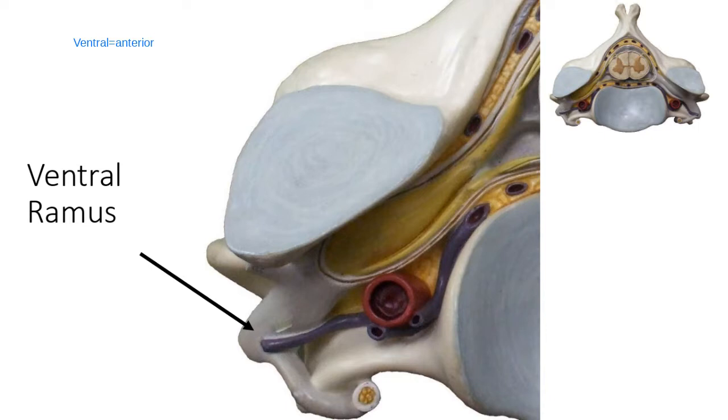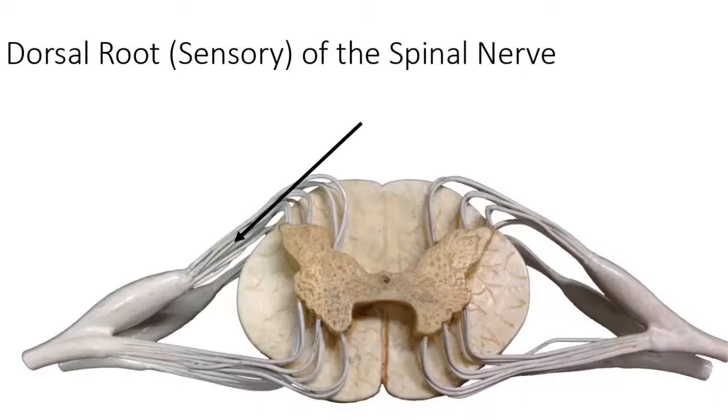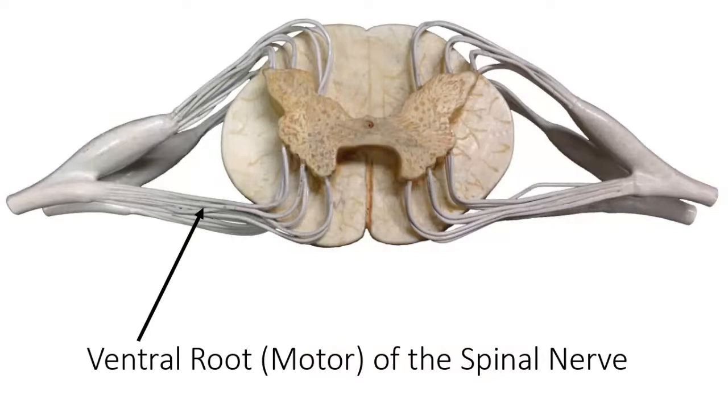That includes for this stuff here too. Like dorsal root, if you want to do posterior root, it's fine. Same thing with ventral root, you can write anterior root. You can interchange ventral and anterior and dorsal and posterior.